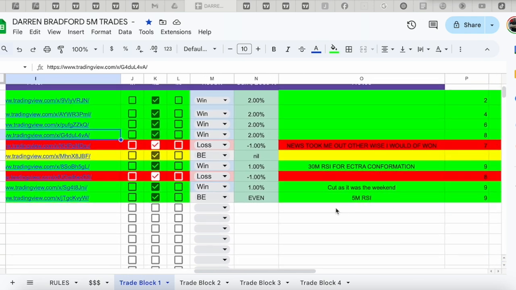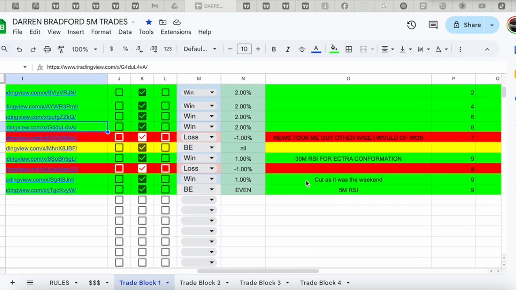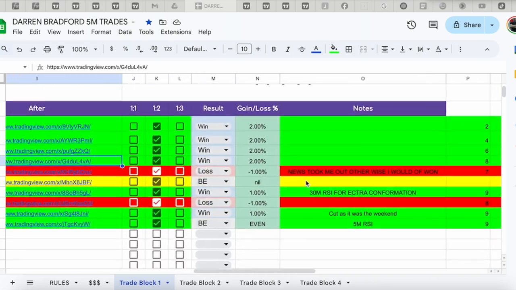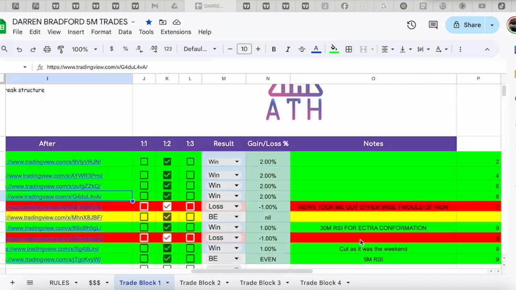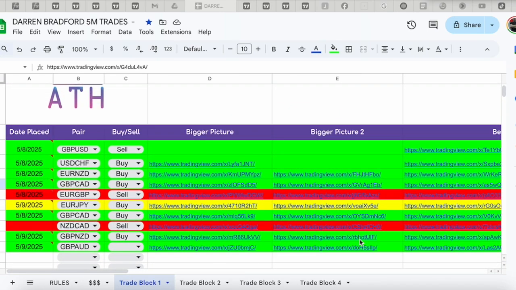I got a break even here, and I cut one because of the weekend. I think it worked out 9% up, but this is a demo account because I'm testing the strategy.